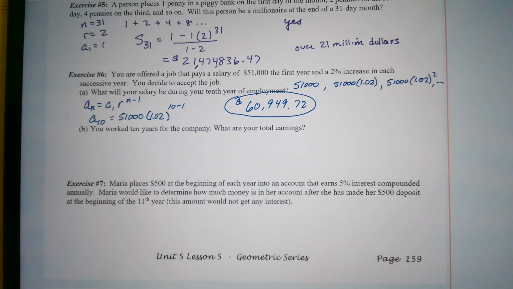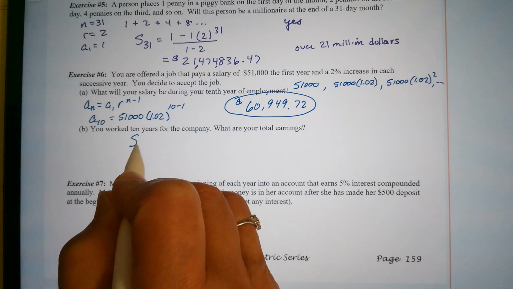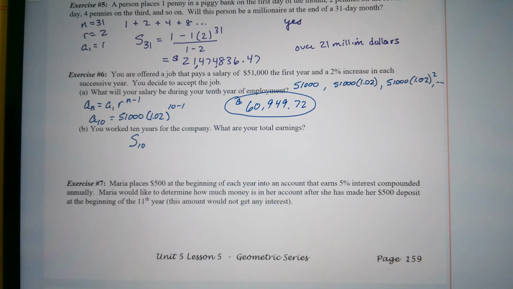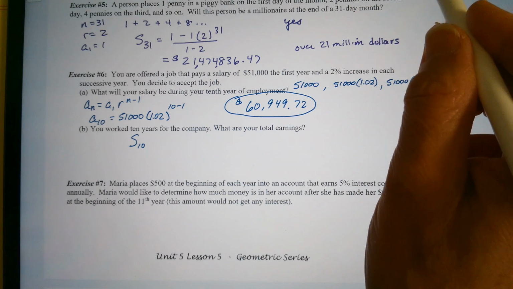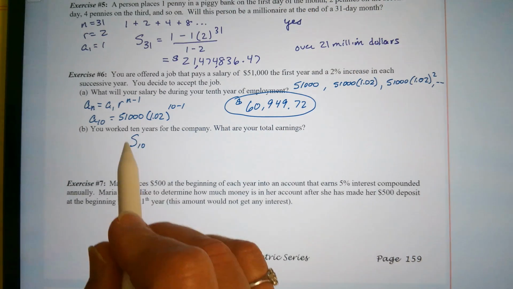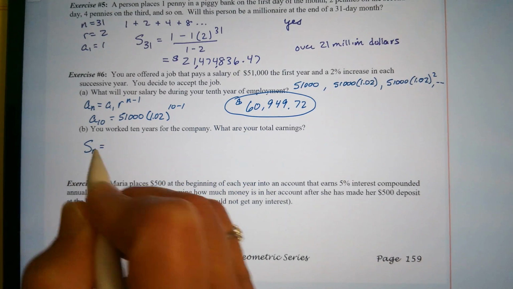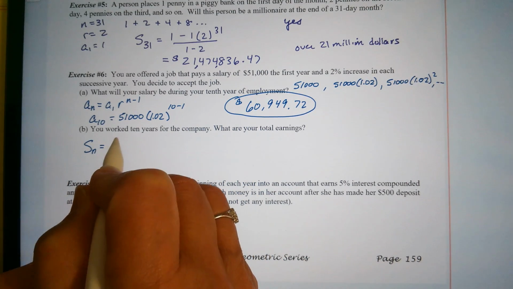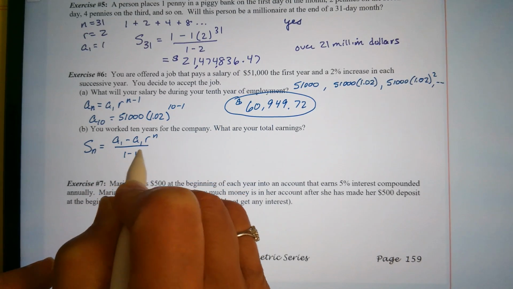You work 10 years for the company. What are your total earnings? Okay, so then in this case, it's asking us for the sum of your 10 years of salary. So S of 10 is going to equal, let me take a moment and just write down the formula. S of n equals a sub 1 minus a sub 1 r to the n divided by 1 minus r.